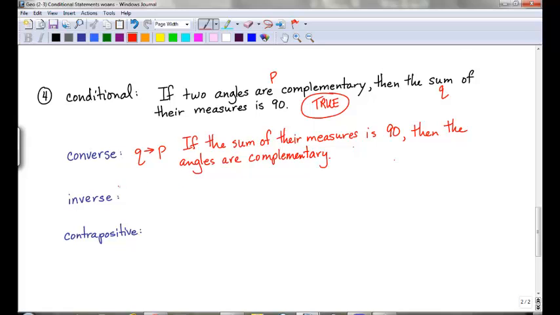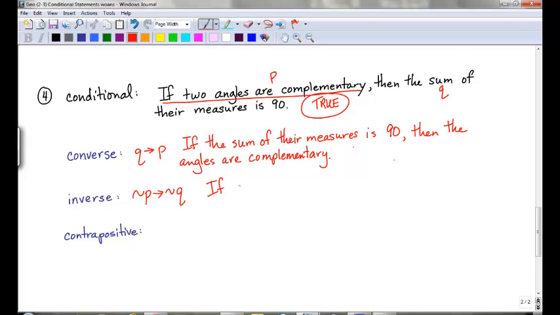Then if you go back up to inverse, inverse says not P implies not Q. So now you have to negate P. You've got to negate this statement.